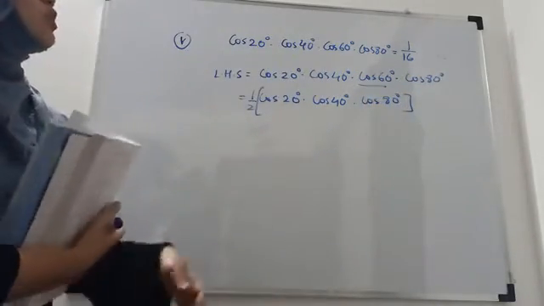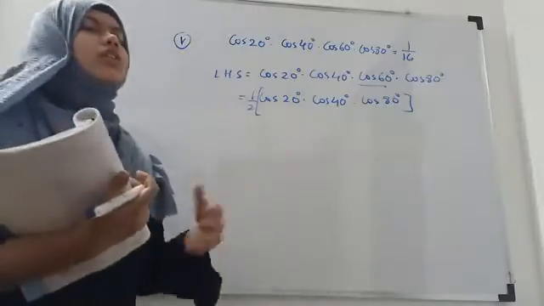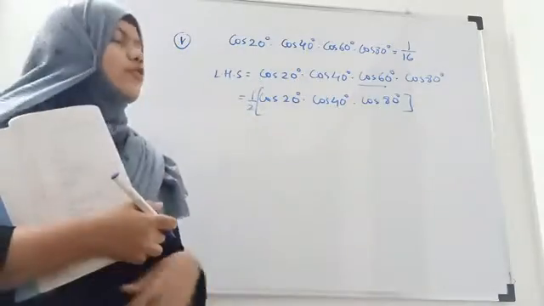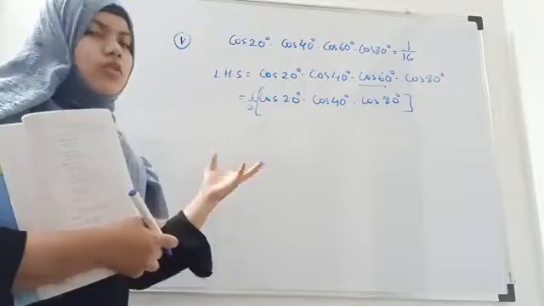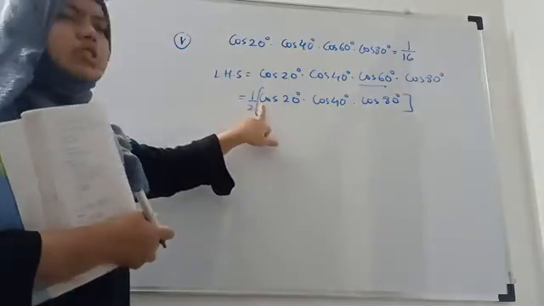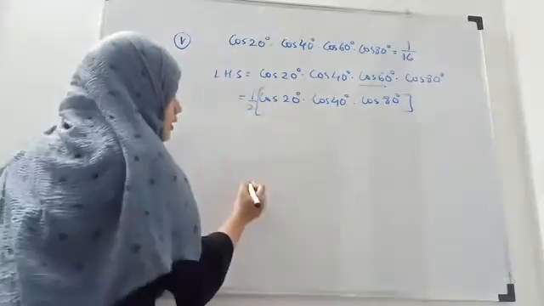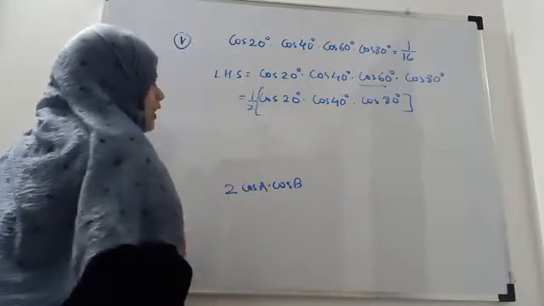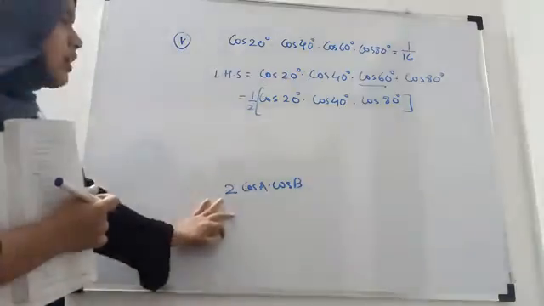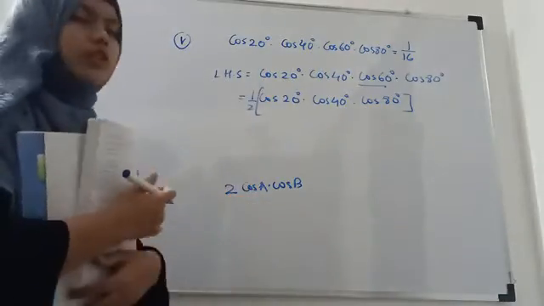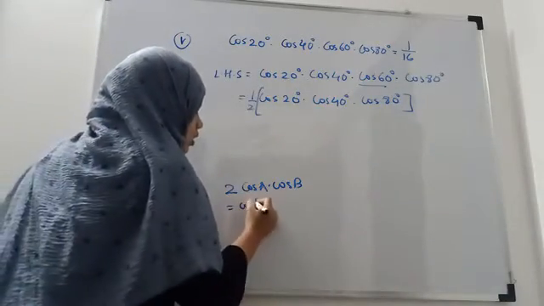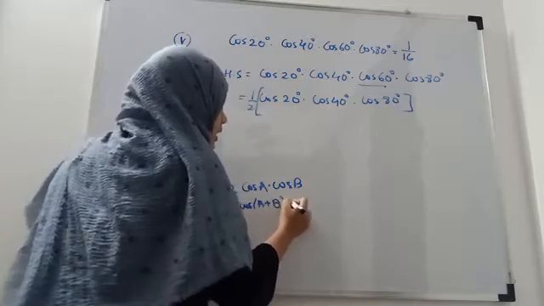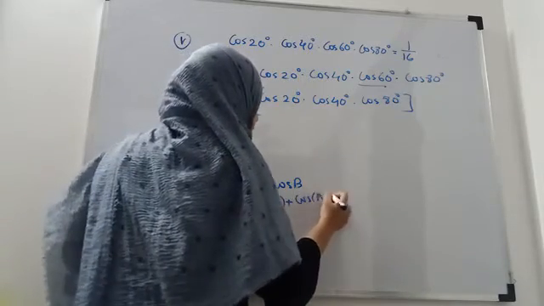To use the factorization formula, or the formulas for the addition of trigonometric functions, we require 2 here. Since we have the formula for 2 cos A cos B, it is cos(A plus B) plus cos(A minus B).